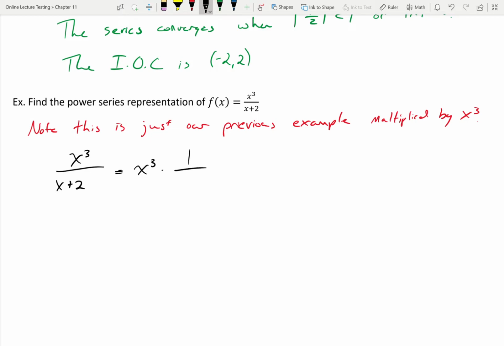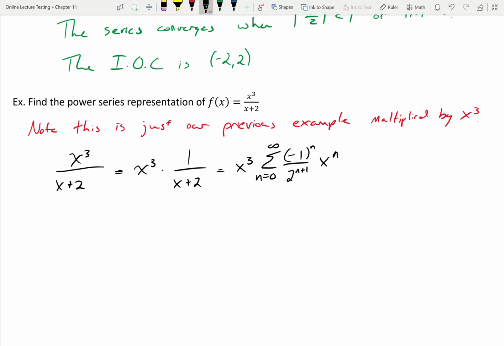Multiplied by 1 over x plus 2. We've already found its representation in the previous problem, which was the sum as n goes from 0 to infinity of -1 to the n over 2 to the n plus 1 x to the n.